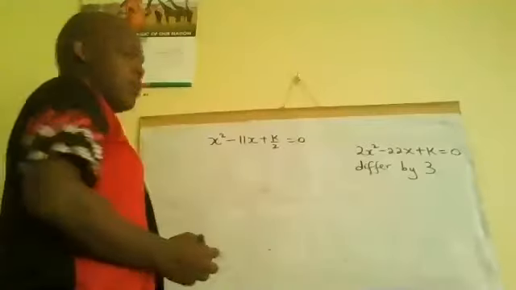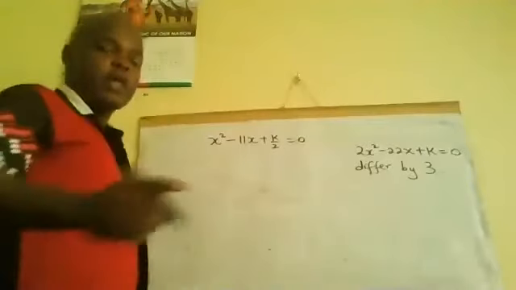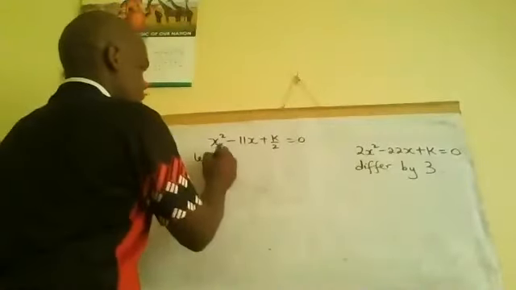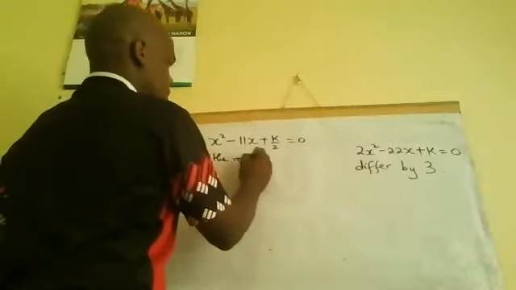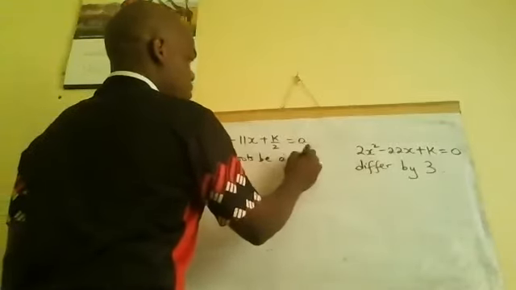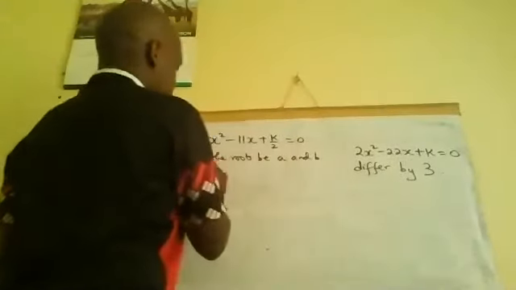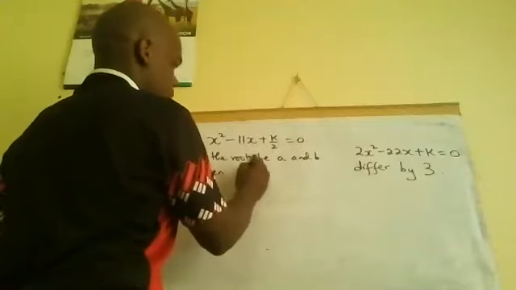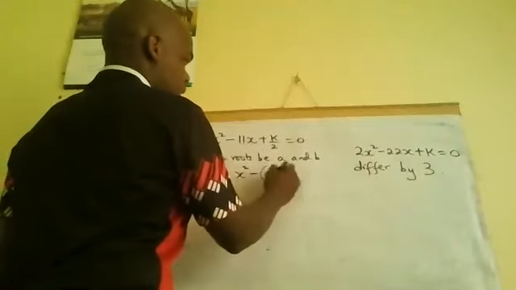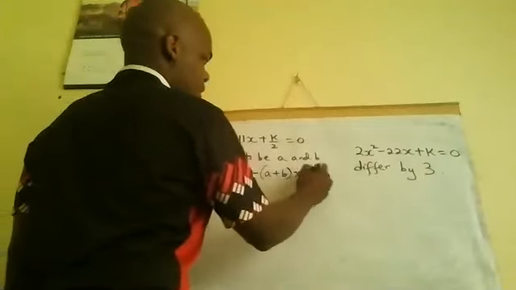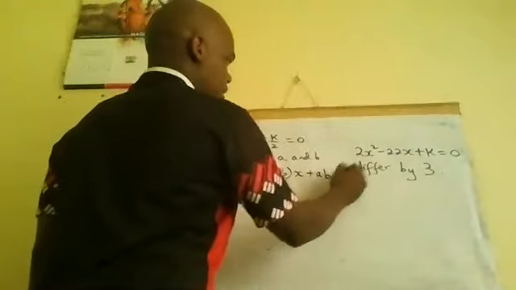Then you use the same procedure and say, let the roots be a and b. Then x squared minus (a plus b)x plus ab is equal to 0.